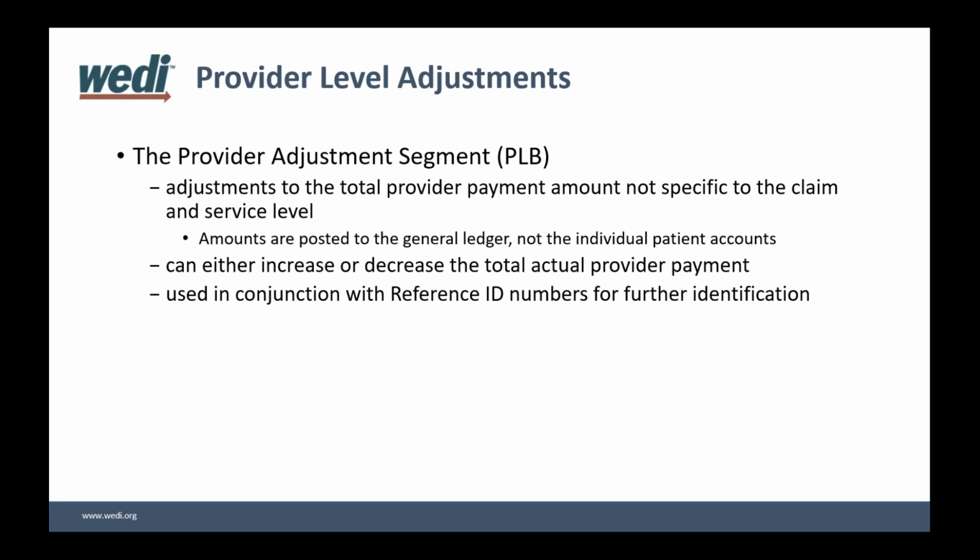They're additional adjustments. And there's reasons for these additional adjustments, but they have to be treated at a provider level so that the provider can manage them separately. They tend to be posted to the general ledger, and again, not posted to an individual patient claim. They can increase or decrease your total payment.